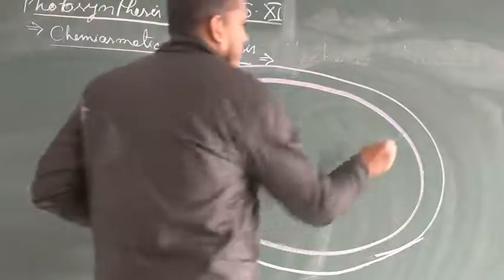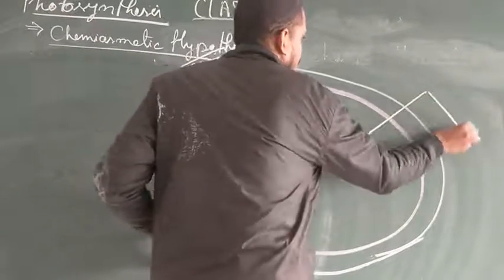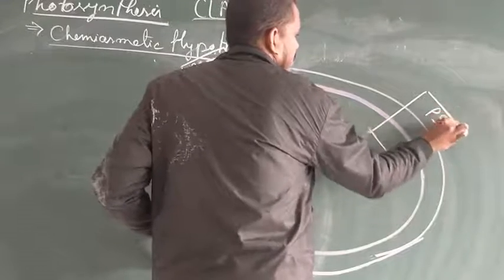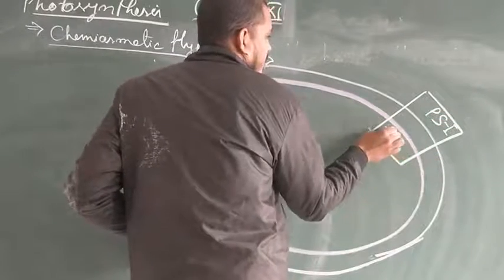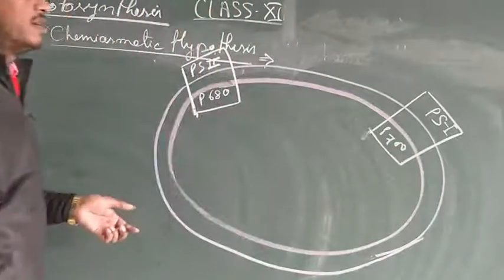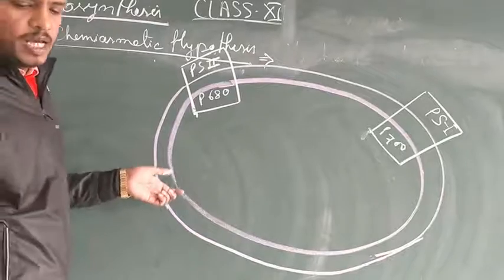In photosystem 1, the red light of 700 nanometer is absorbed.